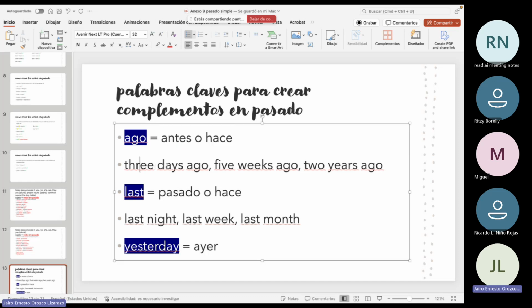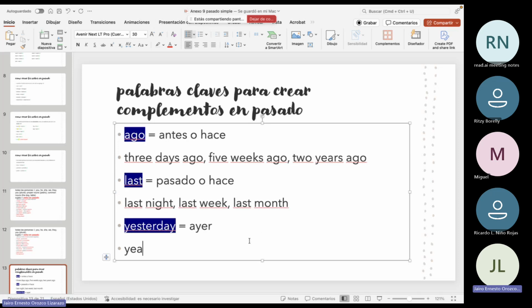For example, three days ago, hace tres días. Five weeks ago, hace cinco semanas. Two years ago, hace dos años. Then we have last, which means pasado. Last night, anoche. Last week, la semana pasada. Last month, el mes pasado. Yesterday, ayer. And finally, the years, right?